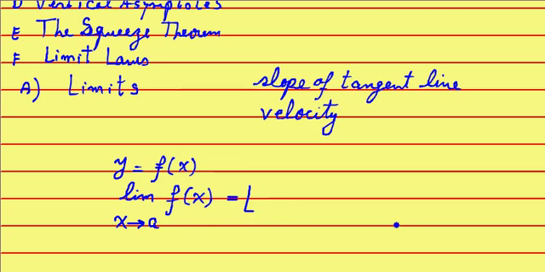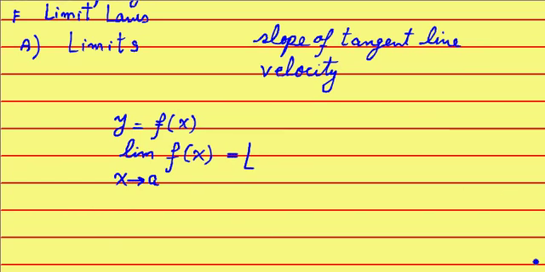The question we have is, well, what does this mean? One simplified way of describing this is to say that as x comes very close to the number a, y gets very close to the number you specify here, L. This is probably the first time you see this notation and it might look a little bit odd to you.